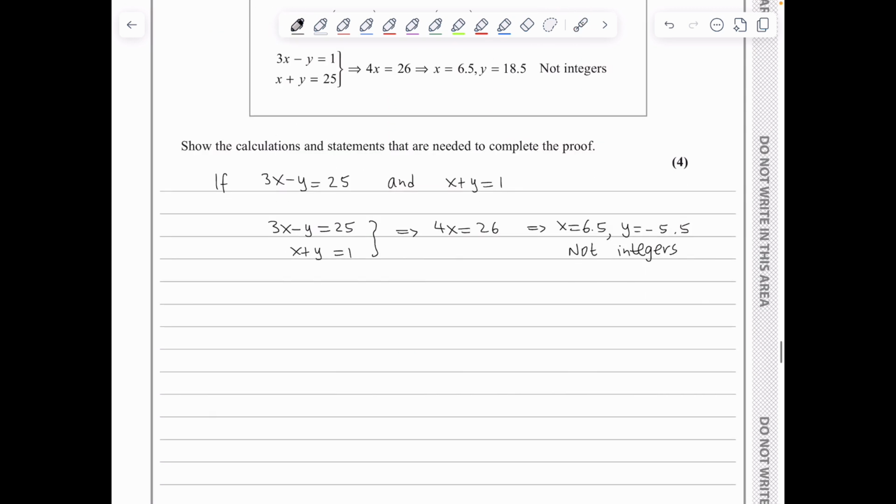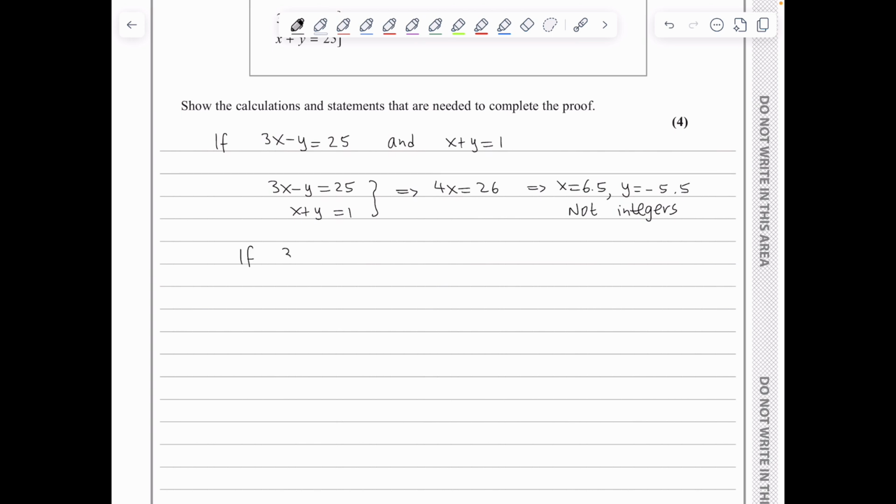So I will now consider if 3x minus y is equal to 5 and x plus y is equal to 5. Once more, we've got simultaneous equations in x and y. I will add them up, leading to 4x is equal to 10, making x being 2.5, and y is 2.5.